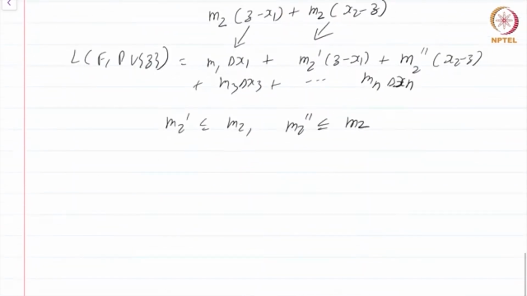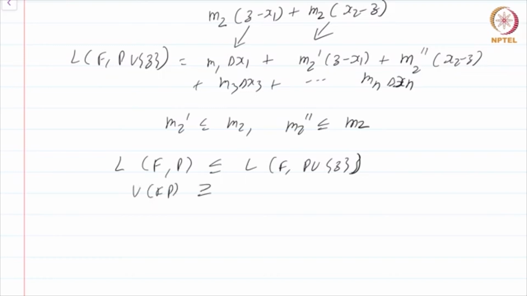So essentially what we have shown is that L(f, P) is less than or equal to L(f, P union {z}). Similarly, U(f, P) will be greater than or equal to U(f, P union {z}). The exact analogous argument will hold.